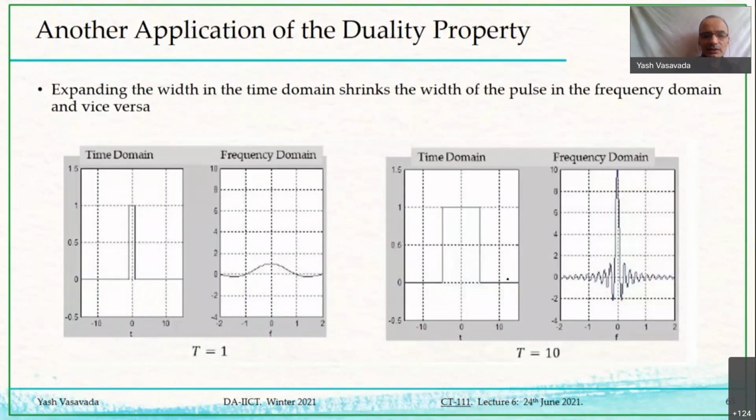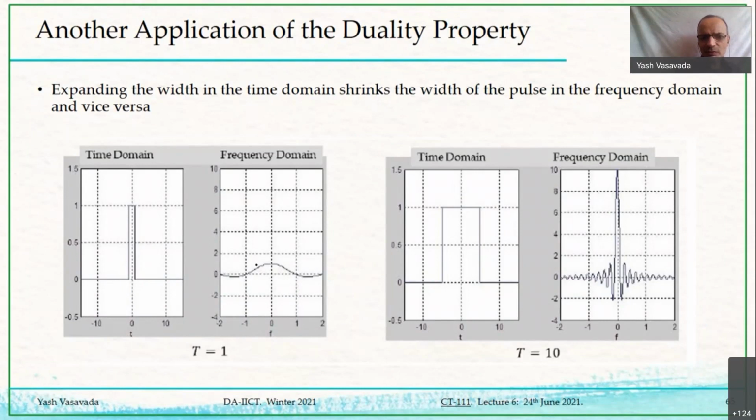Another very interesting aspect of the duality property is that if I shrink or expand the pulse in the time domain, in the frequency domain exactly the opposite thing happens. So here I have a short pulse whose duration is only 1 second in time domain. It's a rectangular pulse.